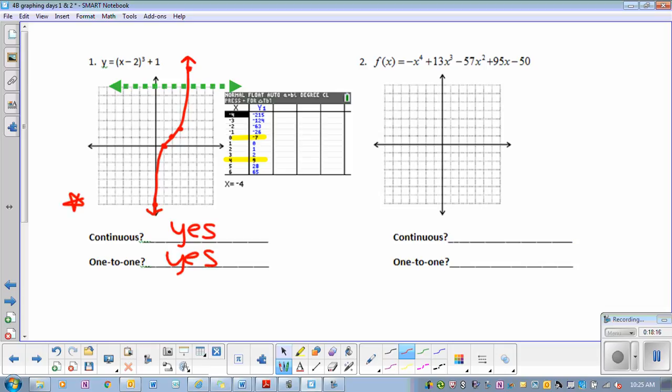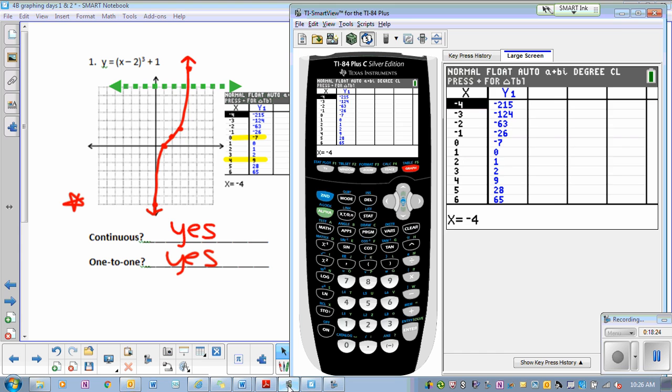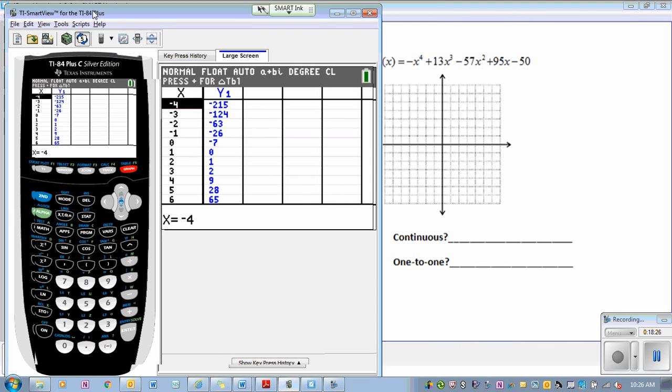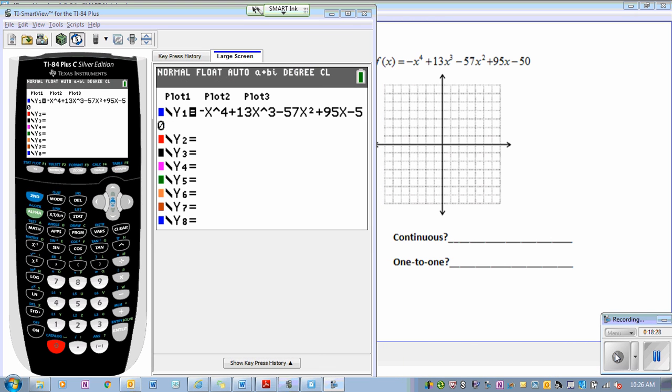Wow. Yeah, I know. Number 2. It's an absurd equation. But you know what? Thank goodness we have our calculators. Let's go and graph it and see what this guy looks like. Please make sure that this negative in the front is an actual negative and that you didn't use subtract. If you use subtract, you might get something else, okay?